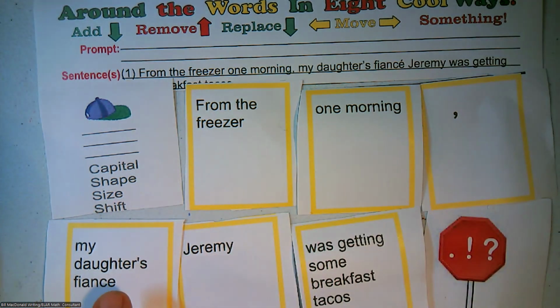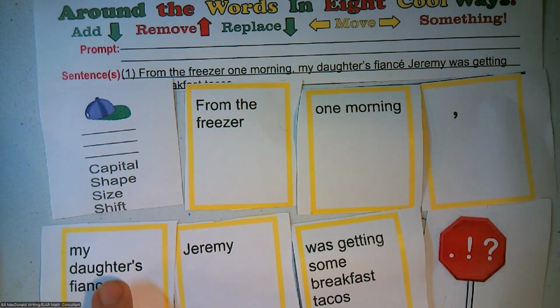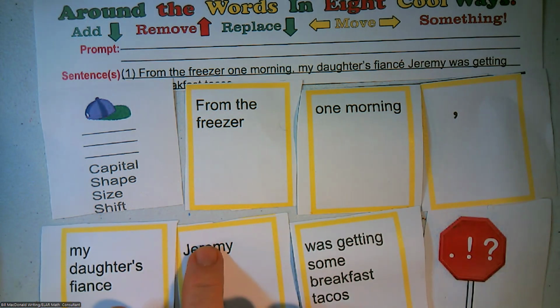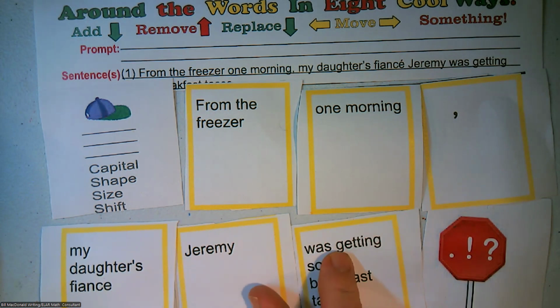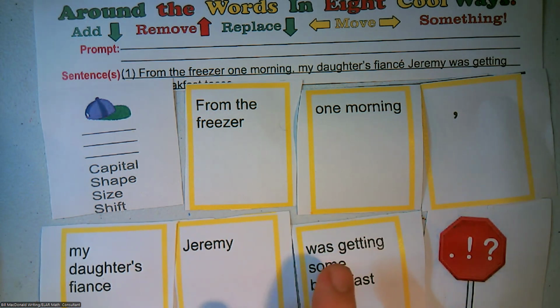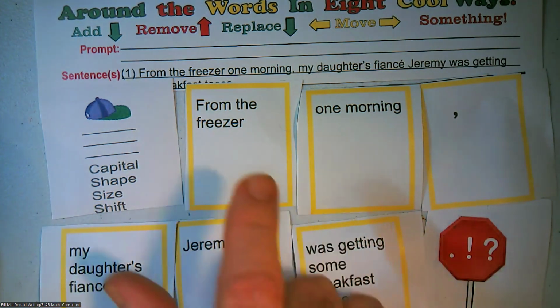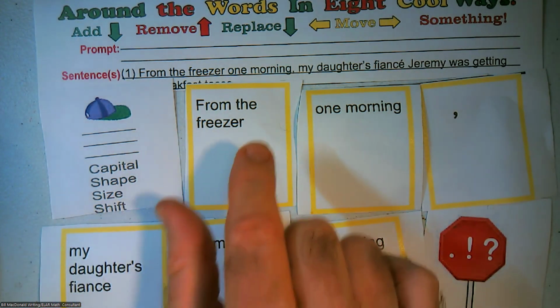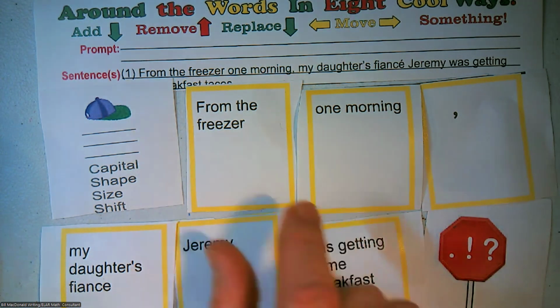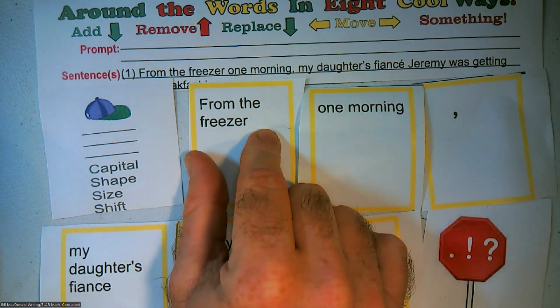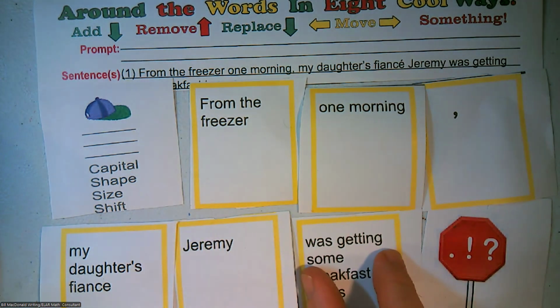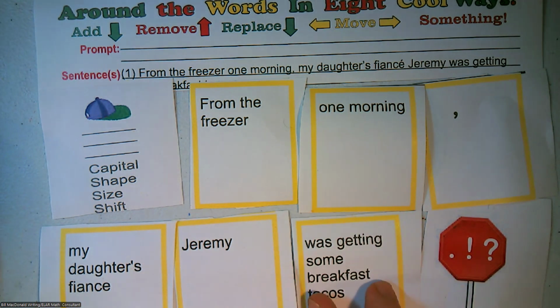Is my daughter's fiancé in the freezer? No. Jeremy, the fiancé, in the freezer? No. Were some tacos in the freezer? Yes. And so we go together like mana mana mana, however that song goes. I have to figure out how to get this detail, the where, with this detail, the what.